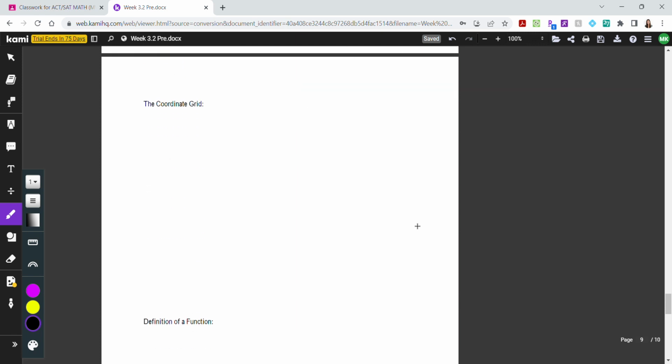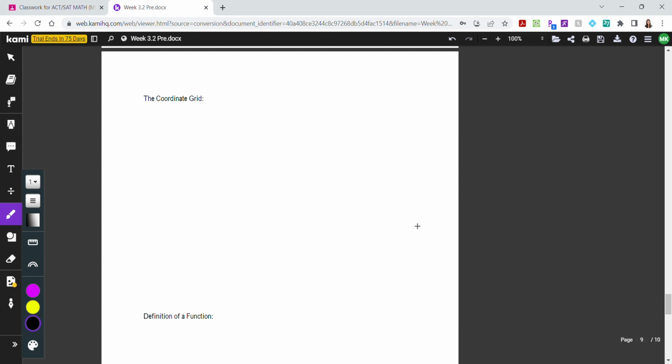All right. The next thing that we have is the coordinate grid. So as you can see, quickly just draw this out. So when we have like our coordinate grid, it is really important that we learn how to read properly, because if we don't read it properly, we're going to get the points wrong, and that's going to affect our score, right?